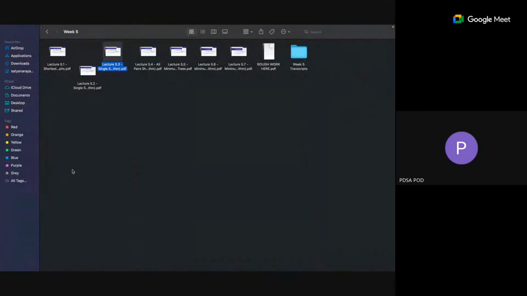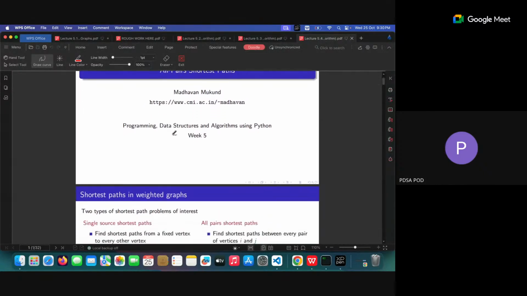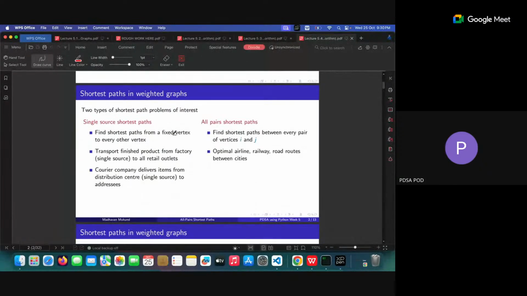So up to here, single source is done. Now it is all pairs. First let us consider the problem: what are all pair paths? In single source, we always start with one origin. We fix that one origin and find the shortest path from it.